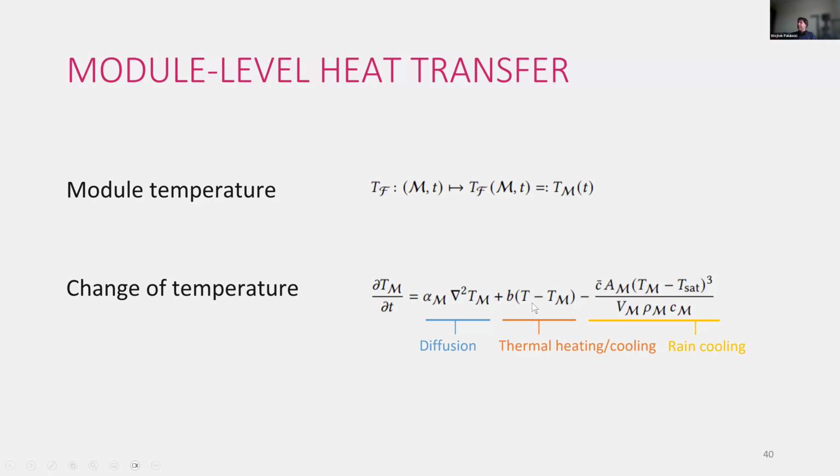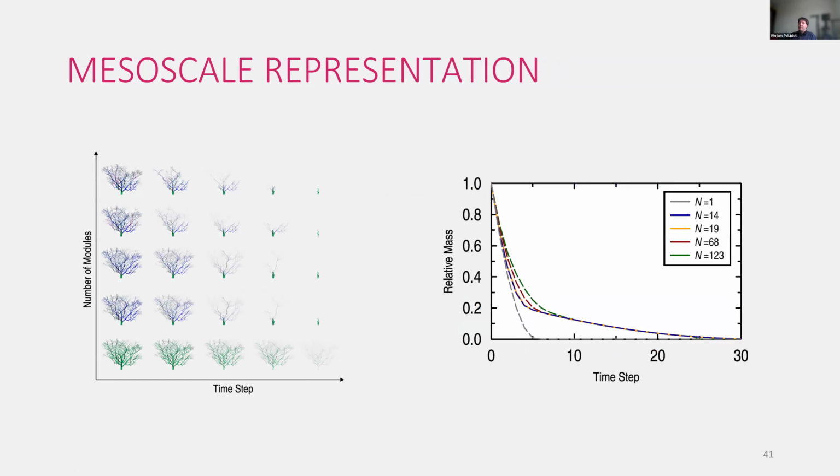We would have this heating and cooling term. And in addition, we would now add rain cooling. Assume that we want to simulate a forest fire of a little bit bigger region, then this rain cooling effect could be very interesting to take into account. But maybe without delving too much into the details, let me just continue, so that we finish on time.